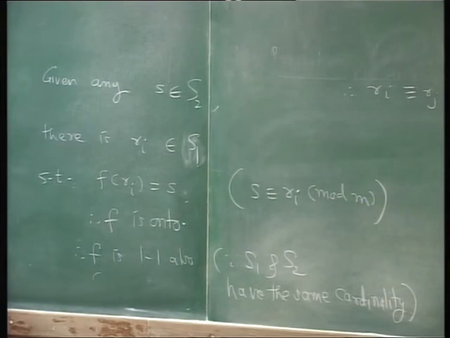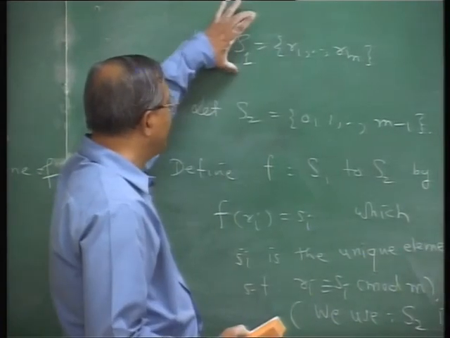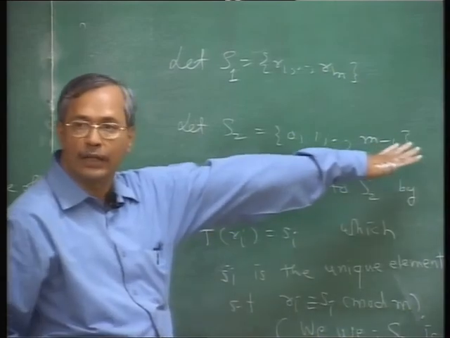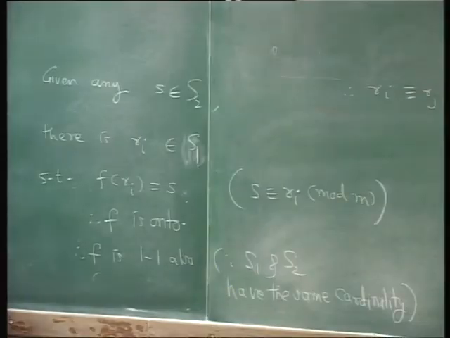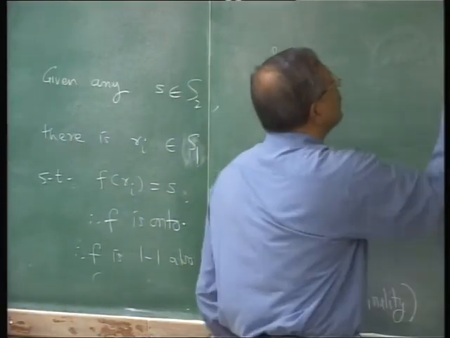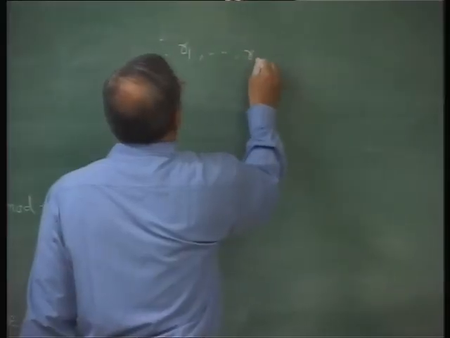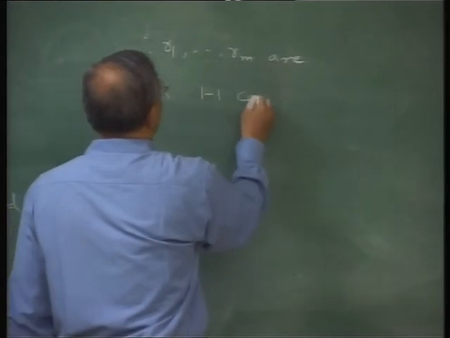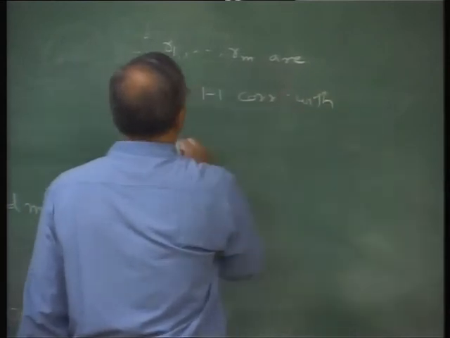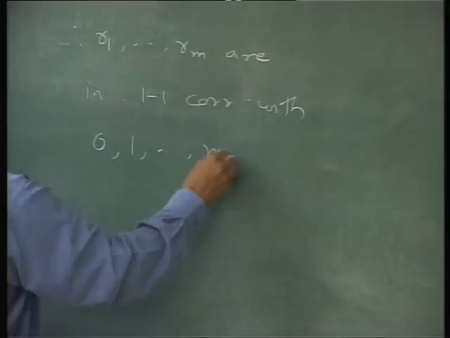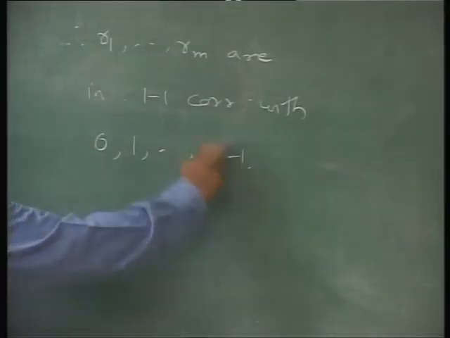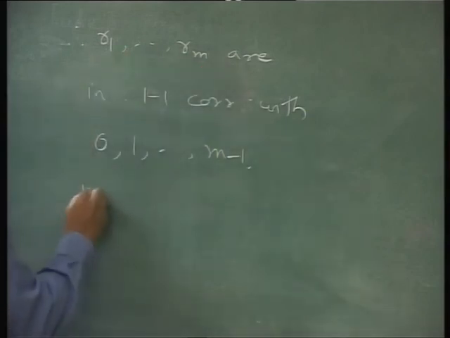And therefore, these numbers R1, R2, Rm from S1 are in 1, 1 correspondence with the numbers 0, 1, 2, etc. up to m minus 1. And these are incongruent, therefore these are also incongruent.